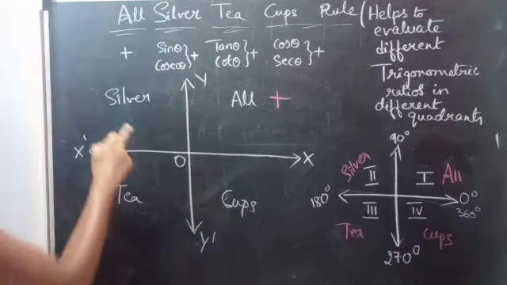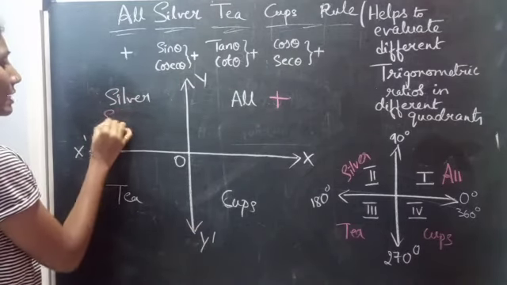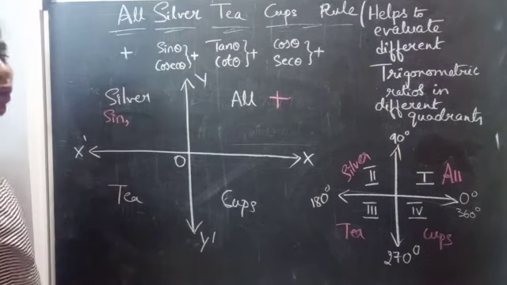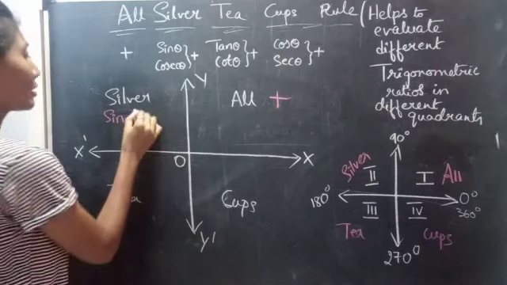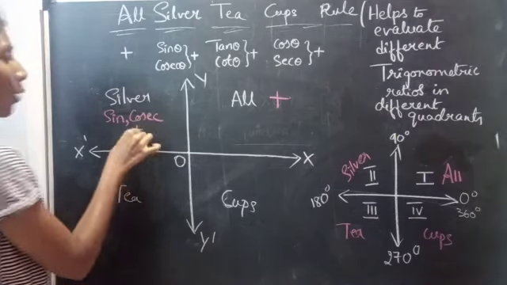Next, Silver. This is for the second quadrant. S is for sine, and the reciprocal of sine is cosecant. So sine and cosecant are positive.